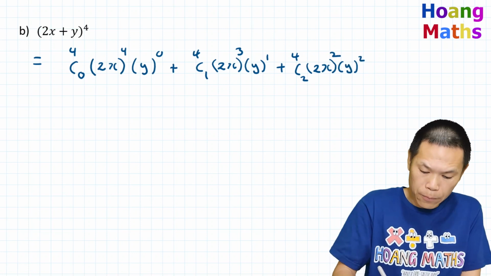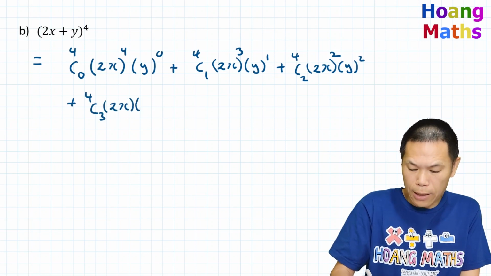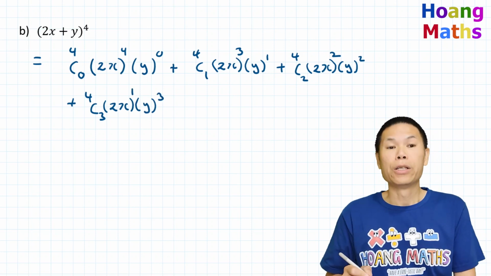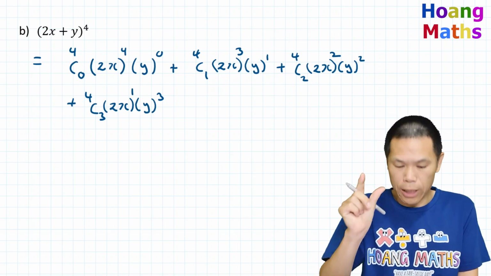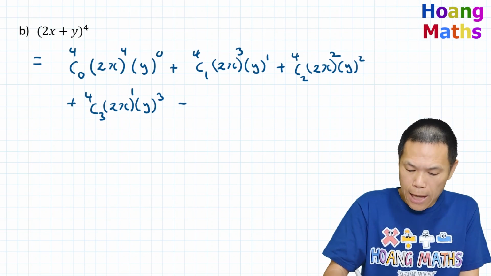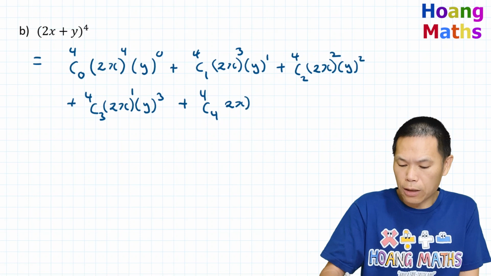And then we add 4C3 and 2x, and then this is y to the power 3, so this should be 1. Then remember the index must add up to give me 4, because we expand (2x plus y) to the power 4. Okay, keep that in mind. The last term is 4C4, (2x) to the power 0, y to the power 4.